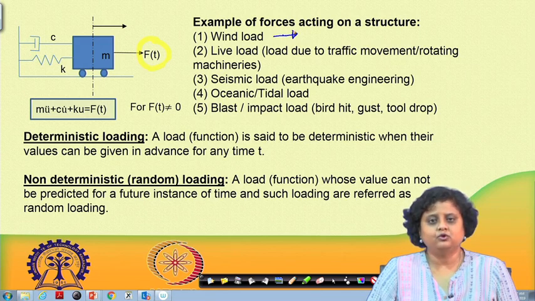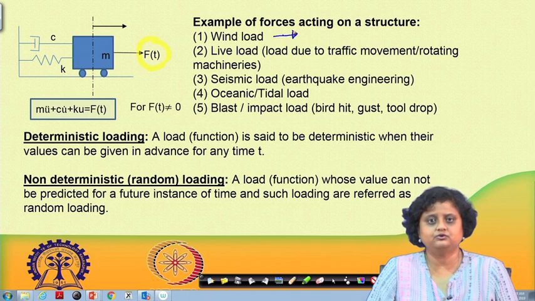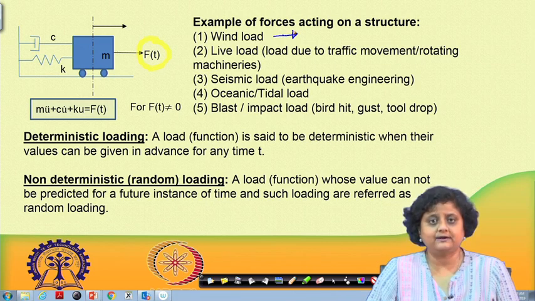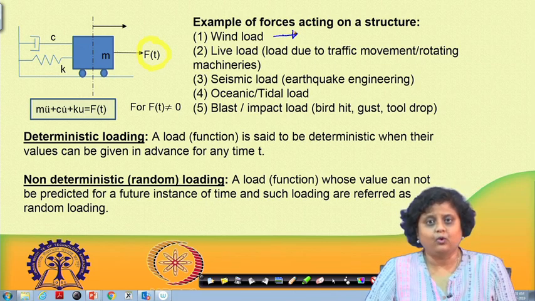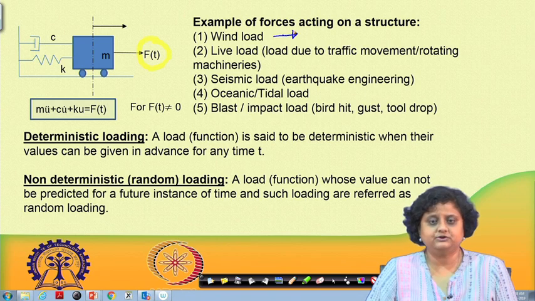So, there is a special topic of structural dynamics called earthquake engineering, where people study and analyze the response of a structure due to such earthquake loading or seismic loading. It is a separate branch of engineering called earthquake engineering.